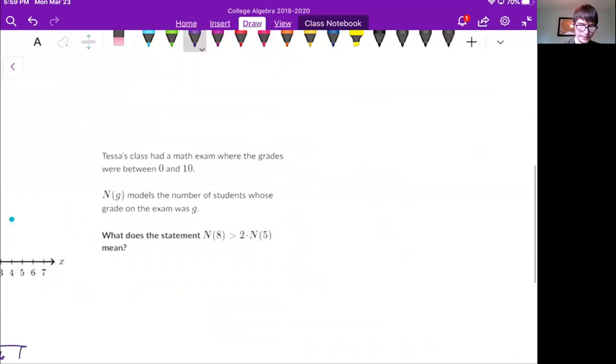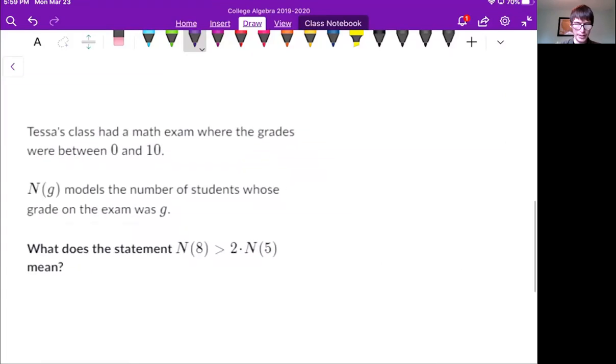Okay, Tessa's class had a math exam where the grades were between 0 and 10. Sounds like one of my quizzes, doesn't it? N of G models the number of students whose grade in the exam was G. It's important to notice this right at the get-go: N of G doesn't tell you what the score was.